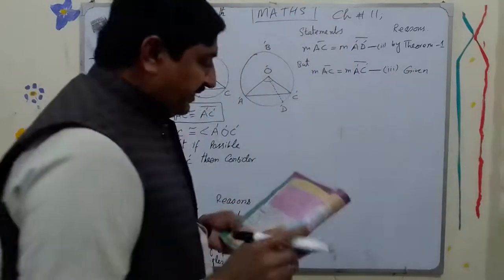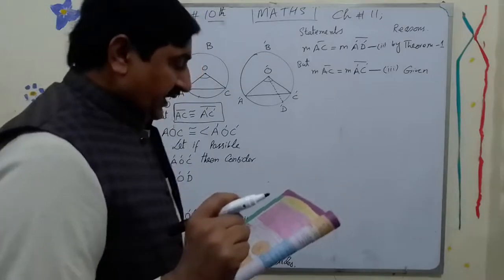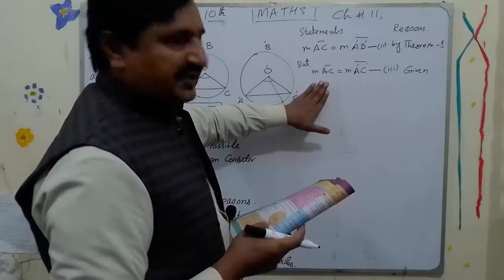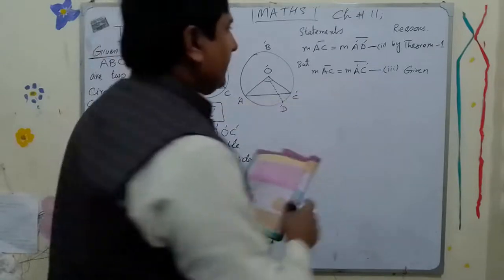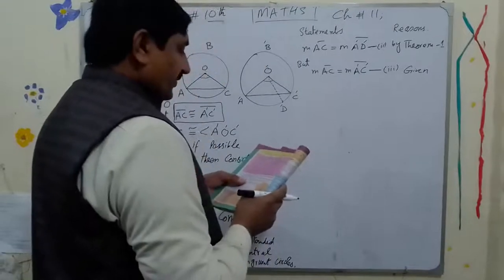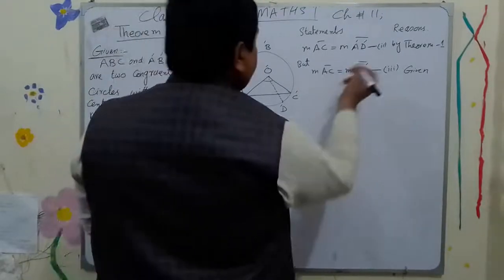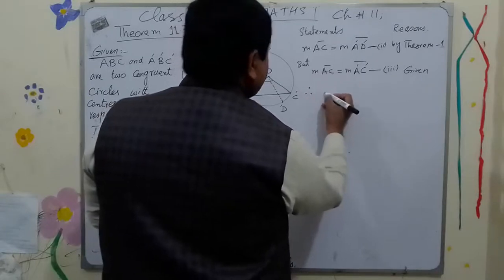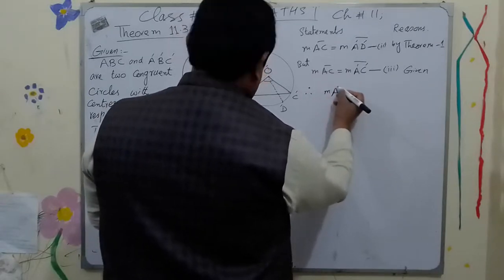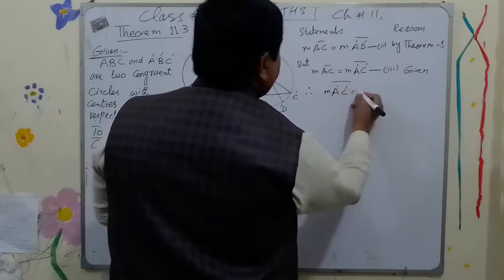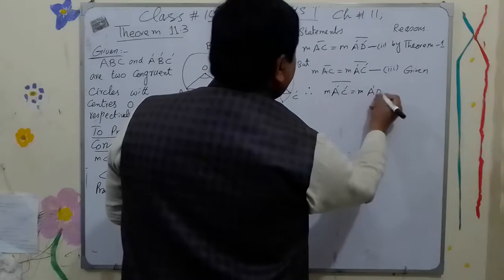So by using theorem 1 in equation 2nd, we said that AC and AD are congruent, but in the given we say that AC and A prime C prime are congruent. So from the 2nd and 3rd, definitely we can say measure A prime C prime, this chord, is equal to measure A prime D prime.